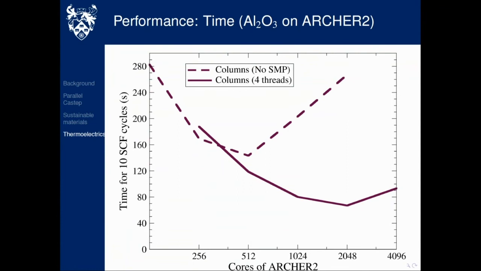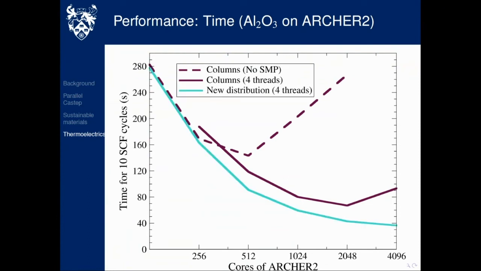If we use this new idea of the process decomposition, if you like, then we get this sort of cyan distribution. This is exactly machine identical answers to the other two. It's just faster and it scales better. So now you can see that it's doing very well performance in the small number of cores, but at 1,024 it's still going faster, 2,000 cores still going faster, and even at 4,000 cores, it's still going faster.